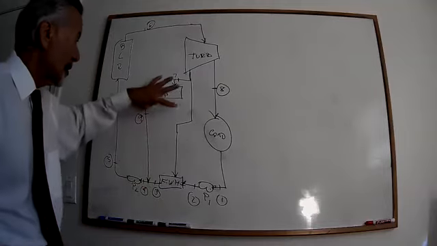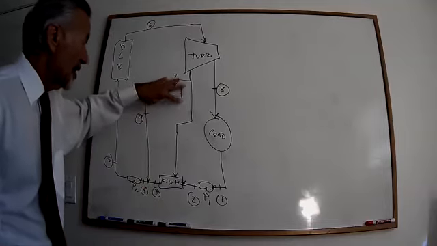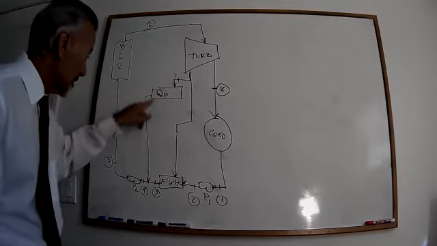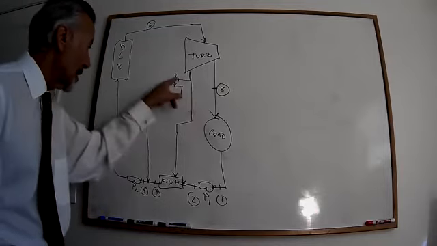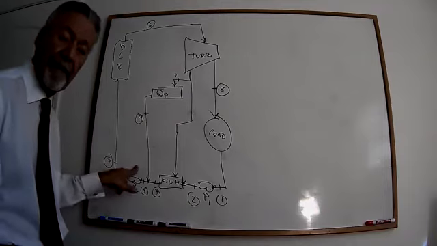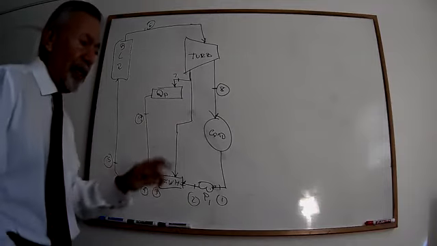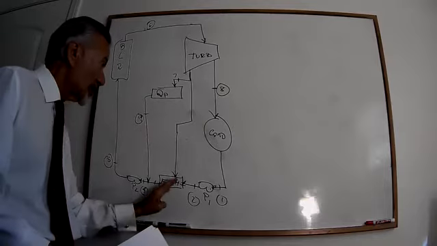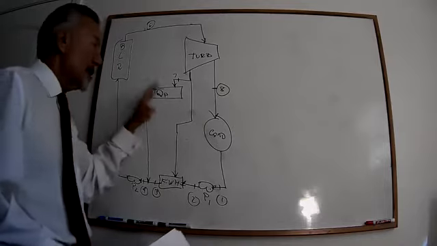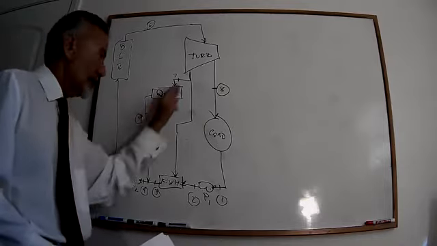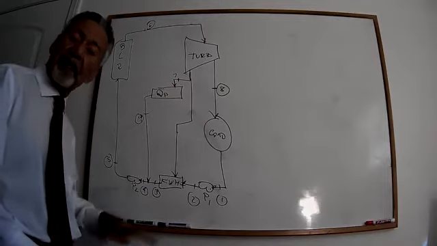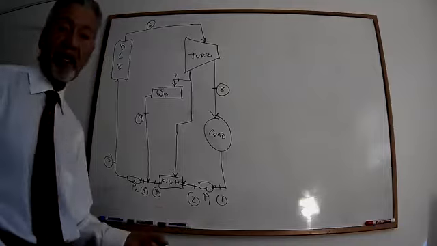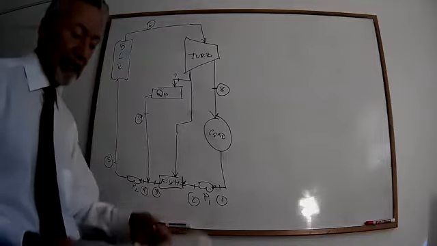Now, if they don't want to use the process, this becomes a regular feed water heater. This point 7 becomes here, and the whole thing is going to go away. So you're shutting one side down, the feed water side, you have a cogen. You're shutting the cogen down, you have a feed water heater. Why you want to do that, it's beyond me. It's a waste of time and money to do something like that.